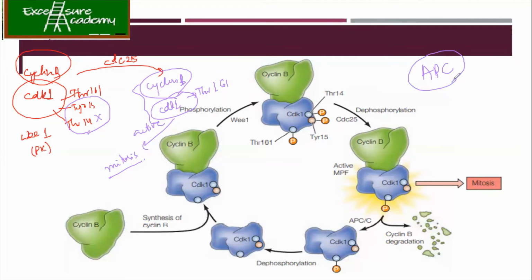So this is going to ensure that cyclin B is degrading. Now, cyclin B is not there, so your CDK1 will become inactive. And when the mitosis step is coming again for the new cell cycle, the level of cyclin B will start rising again during the entry phase and it will combine with the CDK1 to become an active MPF so that it can enter the mitosis. Clear?